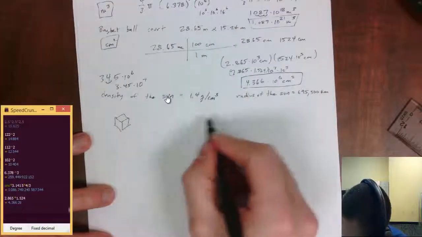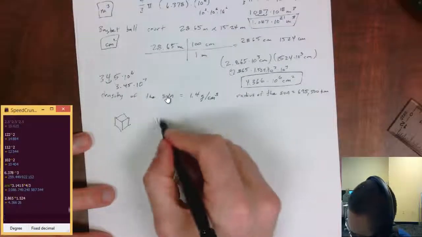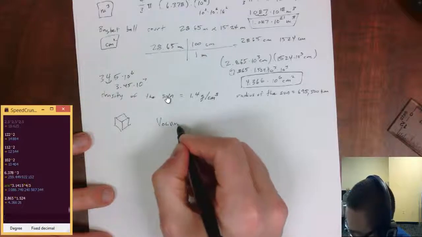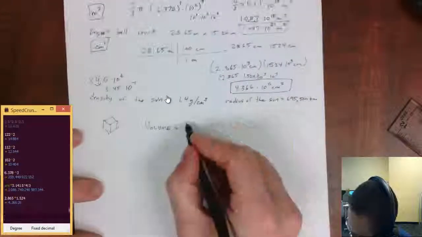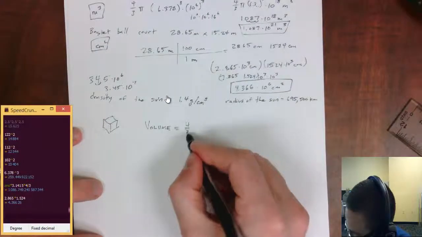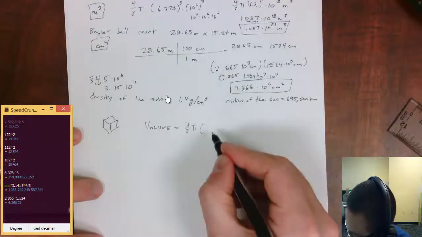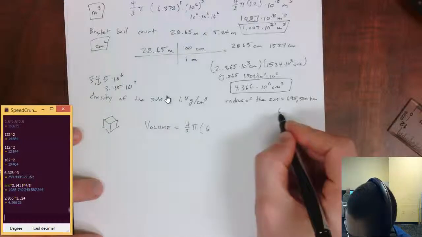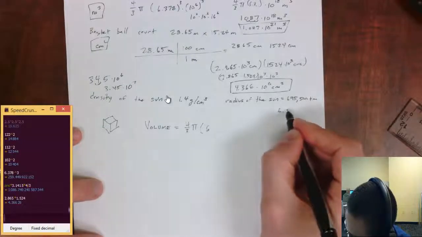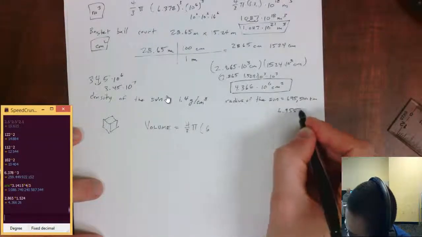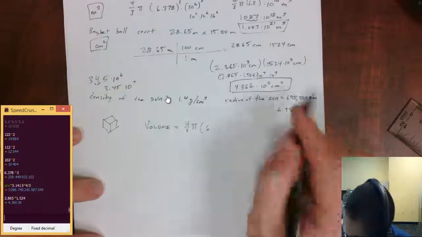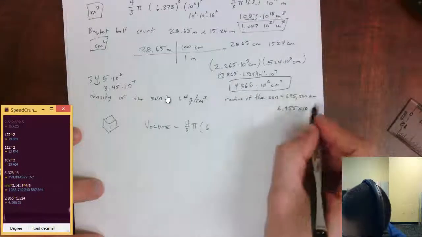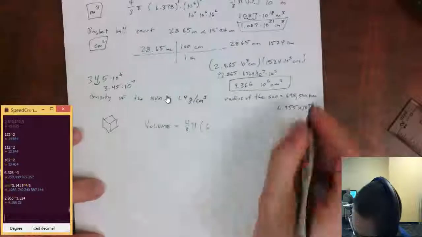Okay, so first I need to find the volume of the sun. So this is a multi-step problem here. The volume of the sun will be, again, 4/3 pi r cubed. So let's take the radius and turn it into scientific notation: 6.955 times 10 to the 5th kilometers.